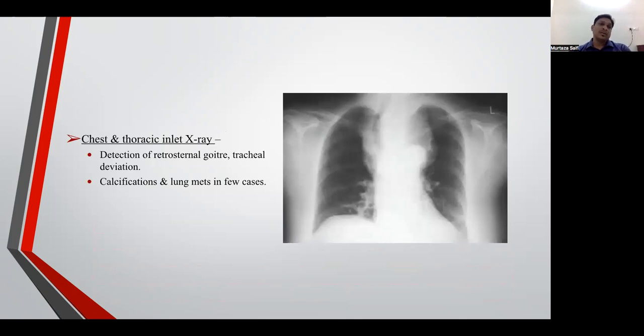Chest and thoracic inlet X-ray: detection of retrosternal goiter, tracheal deviation, then calcification and lung mets in a few cases.